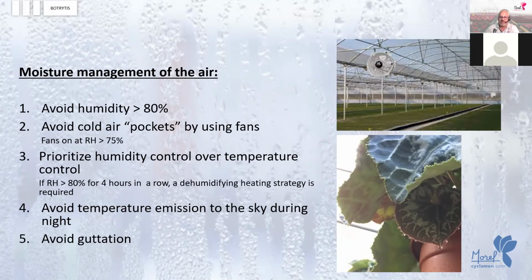Something that some growers are not fully aware of is that closing the shading cloth during the night avoids the plants radiating their temperature to a clear sky. So imagine that it's similar to sitting on a nice summer evening outdoors under an umbrella, having a glass of wine or a glass of beer.